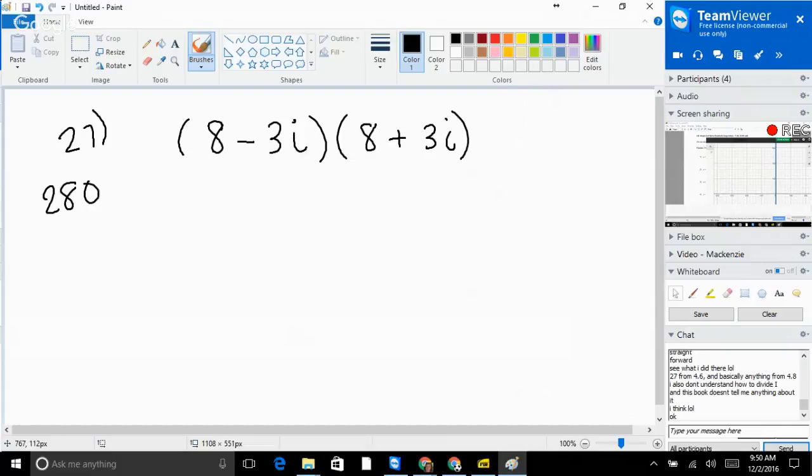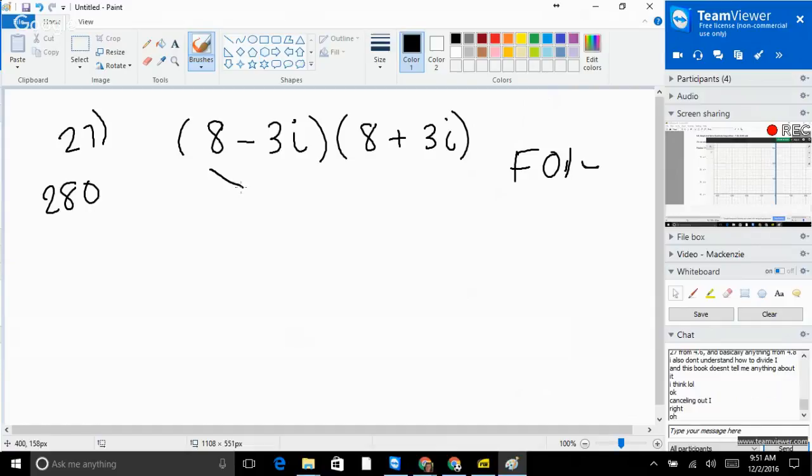So if you think of this i like an x, how would I simplify this? And it comes back to your good friend FOIL. Got to FOIL this guy to simplify it. Okay, so we're going to FOIL this just like we would FOIL an equation with x in it.